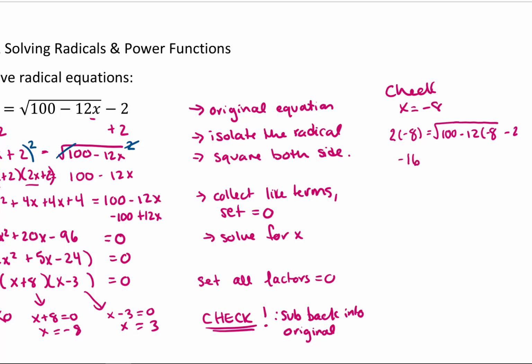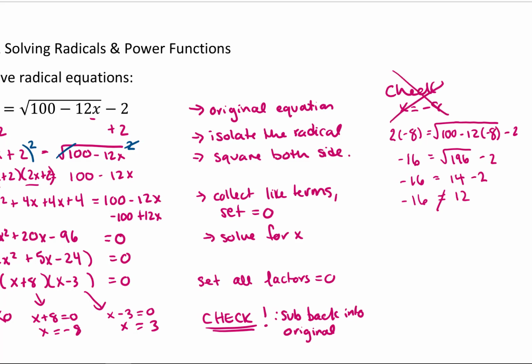The right-hand side we get the square root of 196, and then minus 2. The square root of 196 is 14, minus 2. So we end up getting negative 16 is equal to 12. That is not a true statement. So actually, x is equal to negative 8 does not work.